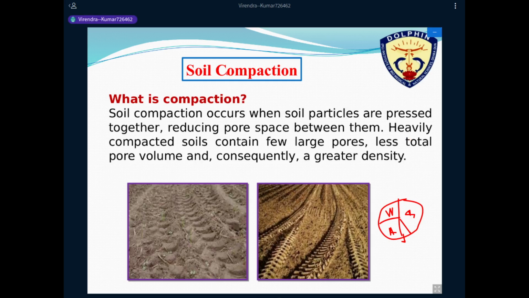So soil composition is also one factor which is affecting the production.